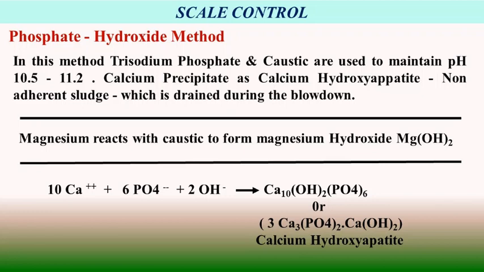Magnesium reacts with the caustic to form magnesium hydroxide, which can also be removed. This way we control the scale within the internal boiler tube parts.